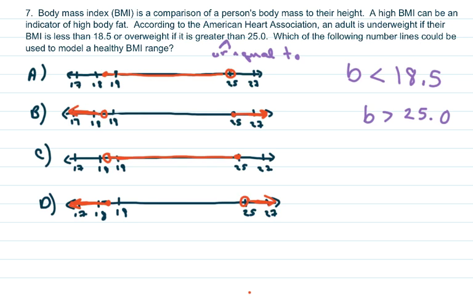And so basically you just have to pick the graph, which could be a healthy range. So it can equal 18.5, but it has to be greater than or equal to 25.5. So we're going to do a solid line, solid dot at 25.